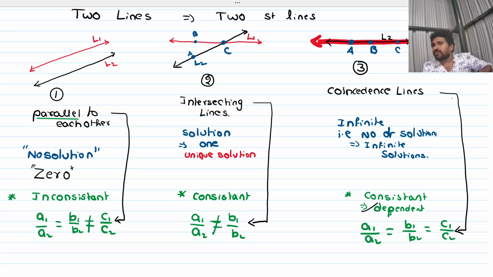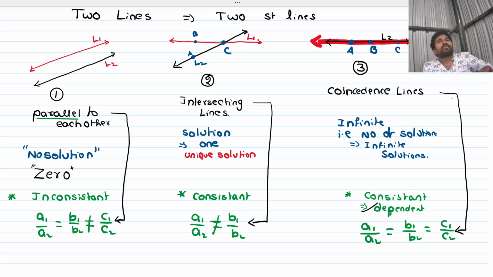If the lines are intersecting, can I call it consistent? Yes, because it has a solution. If two lines are coincident, can I call it consistent? Yes. Dependent, consistent. Understand?